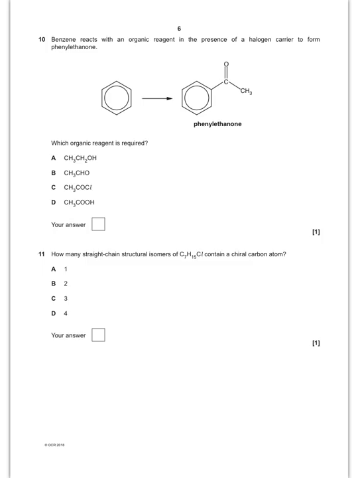So what do you need to add to benzene to make phenylethanone? This is going to be an acylation reaction. So you're looking at adding this molecule here, so your answer is going to be C. How many straight chain structural isomers of C7H15Cl contain a chiral carbon?